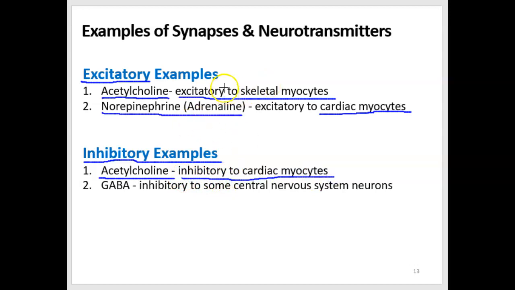So it does excitation to one kind of muscle, but inhibition to a different kind of muscle, and we're going to look at why. GABA is always an inhibitory neurotransmitter. There are some neurons in the central nervous system that respond to GABA and are inhibited. This is important to make sure that your brain is focusing on what it needs to focus on at any given time.